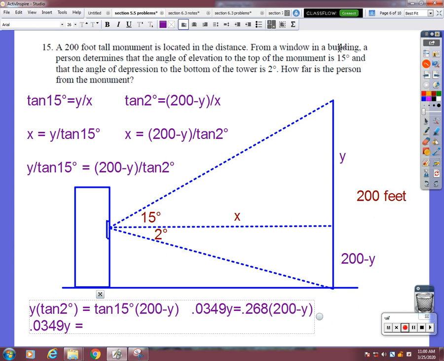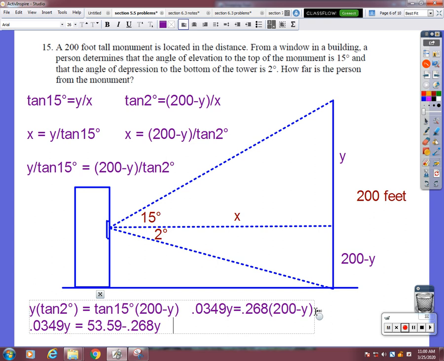So that gives me 53.58. No, it's really 53.59. Minus, so that was the 0.268 times the 200. Now if I go 0.268 times minus y, I get minus 0.268y. So we're almost done here.